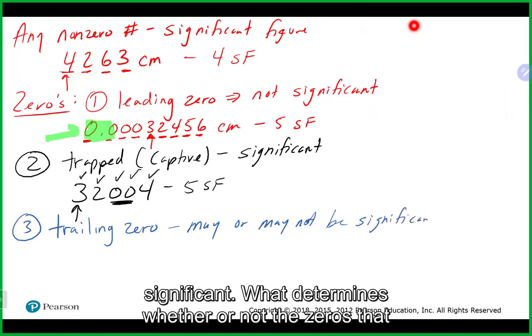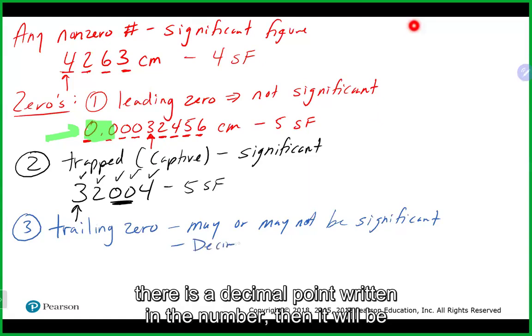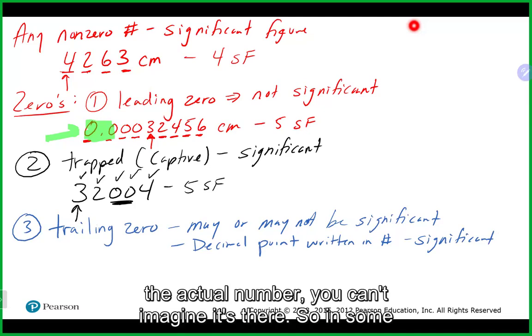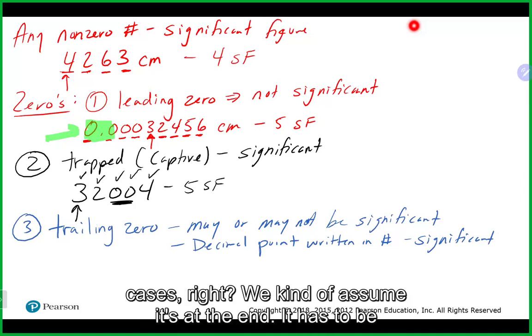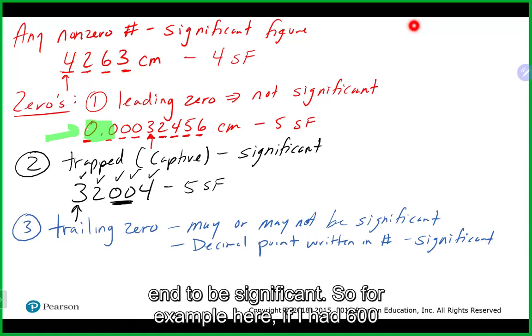What determines whether or not the zeros that come at the end are significant is if there is a decimal point written in the number, then it will be significant. Again, if there is not a decimal point written in the actual number, you can't imagine it's there. It has to be actually written in the number in order for those zeros at the end to be significant.